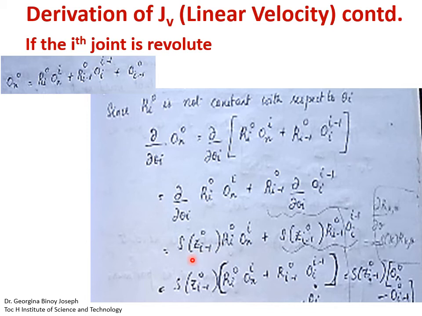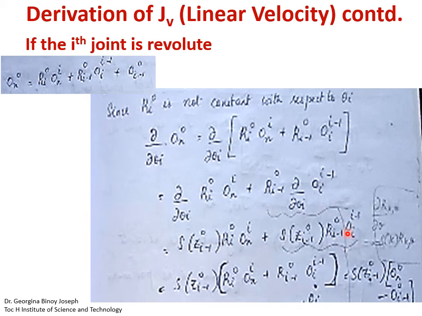This is the axis associated with the ith joint. So this derivative can be replaced by the skew symmetric matrix associated with a particular joint axis of rotation into that matrix. So that result from the part 1 lecture we have taken here. Similarly, this also can be written like that: S(z_{i-1} to 0) R_{i-1} to 0, o_{i-1}^{i-1}.